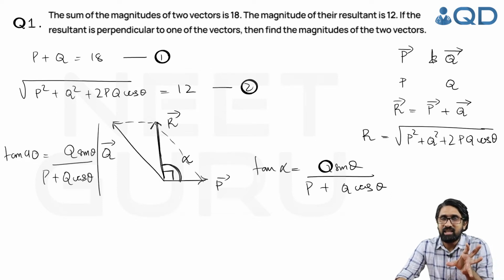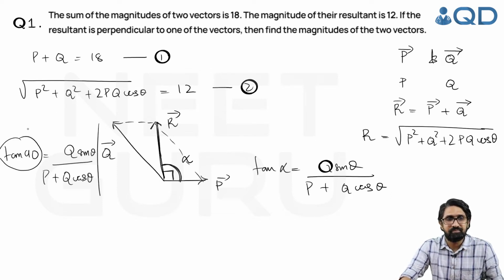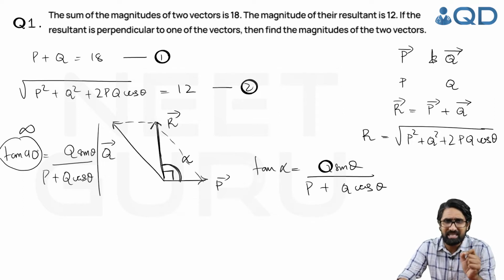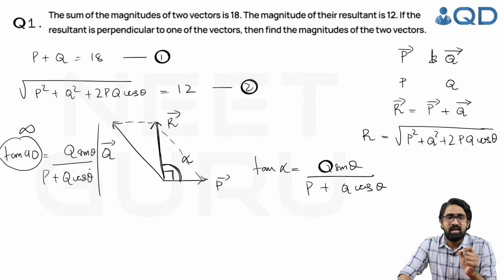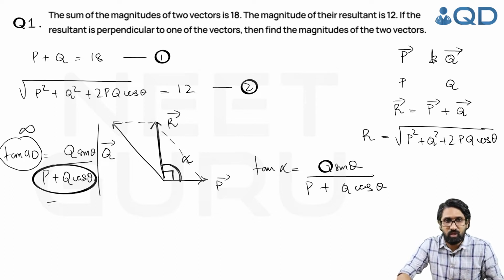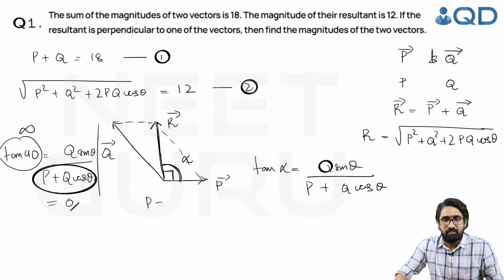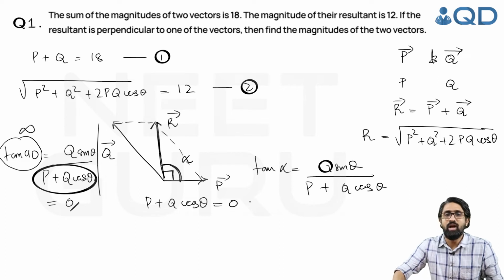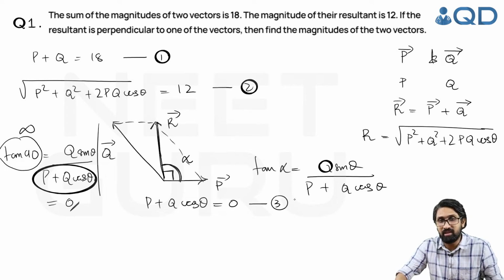So tan 90, you know, is infinity. So if the left hand side has to be infinity, the denominator of the right hand side will have to be 0. That is purely mathematical. So I can say that p plus q cos theta is equal to 0, and this is what we get from the third clue.